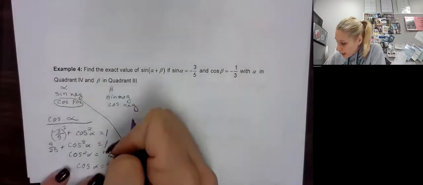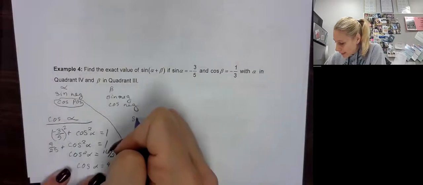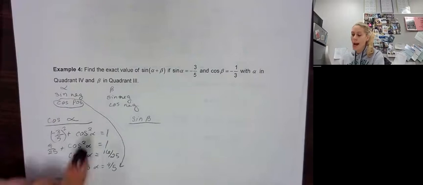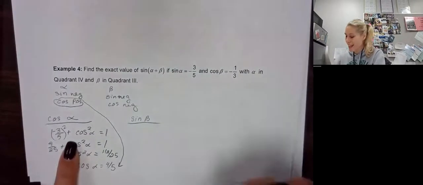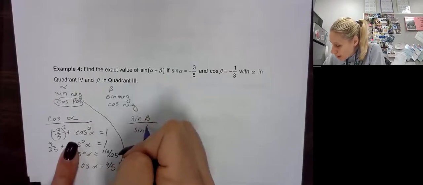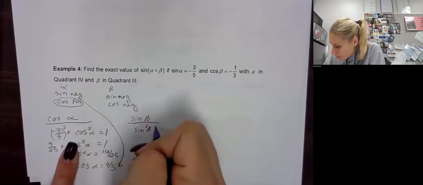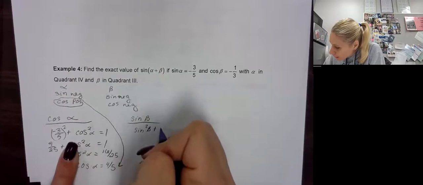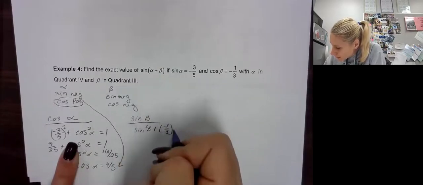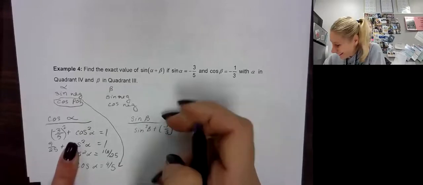Now, for beta, I need sine of beta. So I'm going to do the Pythagorean identity again. This time I'm going to go sine squared beta plus cosine squared beta. So this negative 1/3 squared, don't forget it, right?